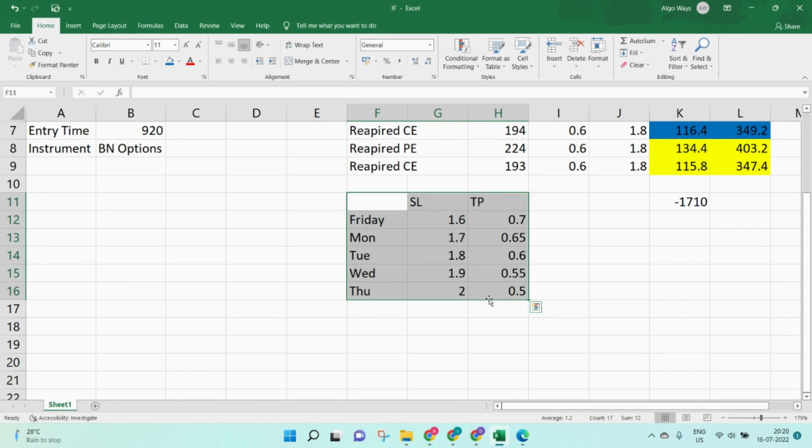I think that is it for this particular strategy. Again, today I'll be putting one more strategy, which is the rolling straddle. There are plenty of opportunities there as well, and plenty of options for adjustments. So we'll come back to you with those strategies today.